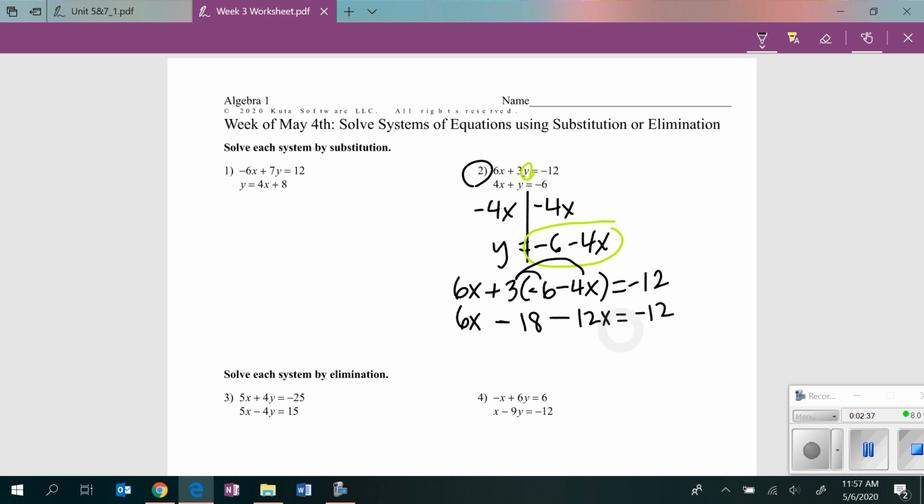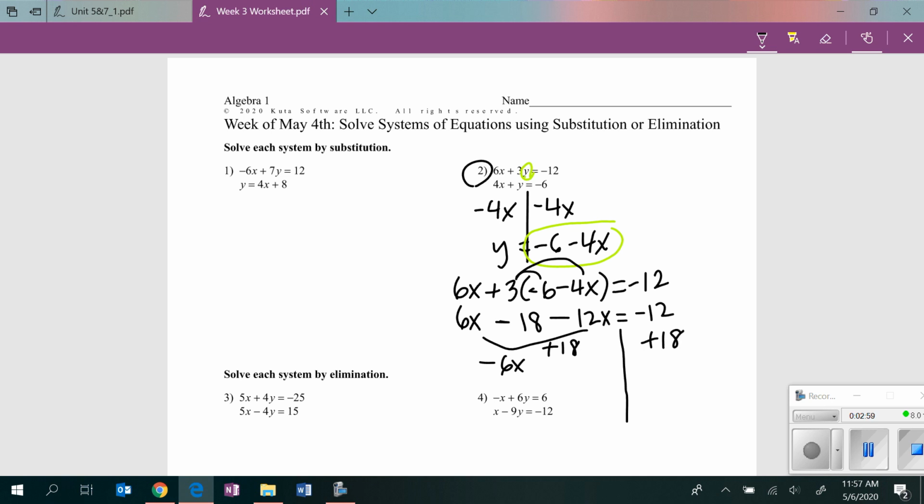Okay, so what I'm doing here is putting these two together. When I have a +6 and I'm subtracting away 12, I'm going to get a -6. This 18, I have to add it to both sides to get rid of it.